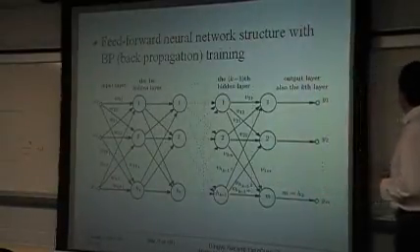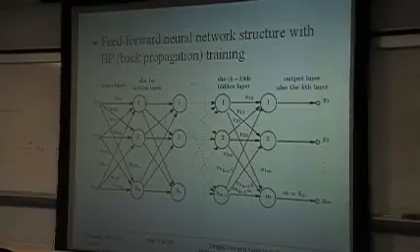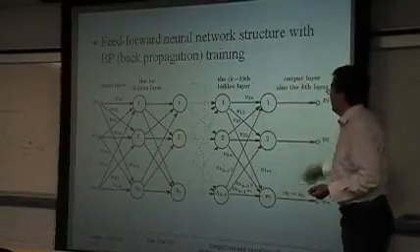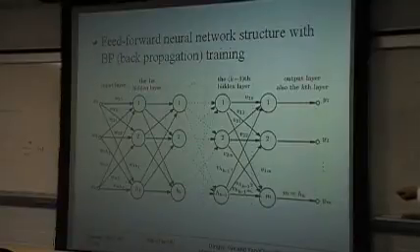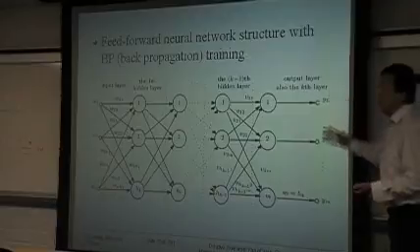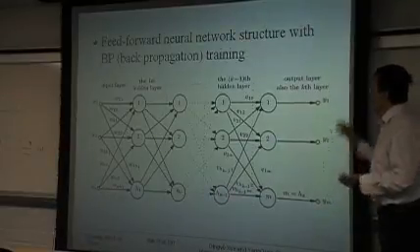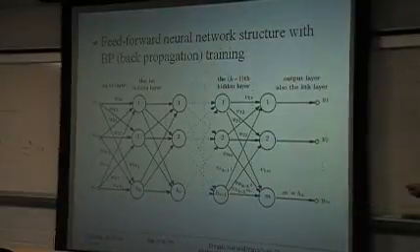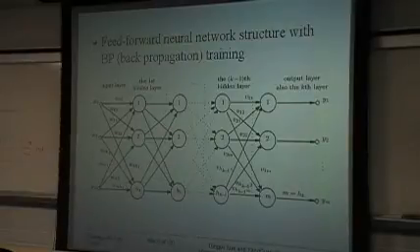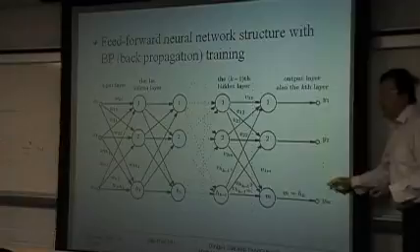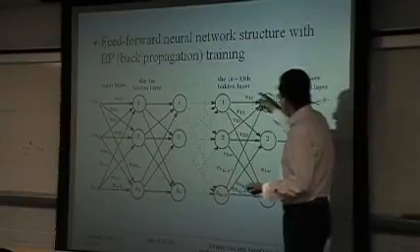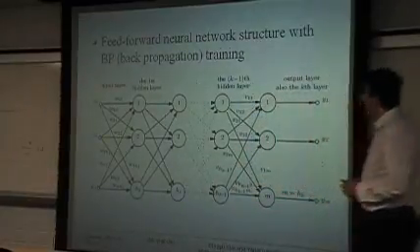So the first thing we need to do is to create a neural network like this, and then select part of the samples to train the neural network. And then we should use the other half of the samples to validate the neural network, to see whether the weightings are correct or not.